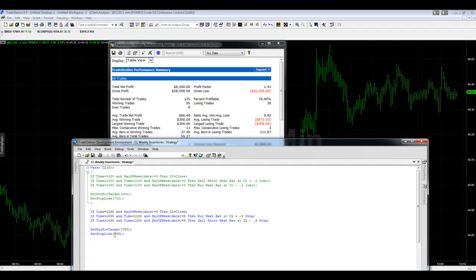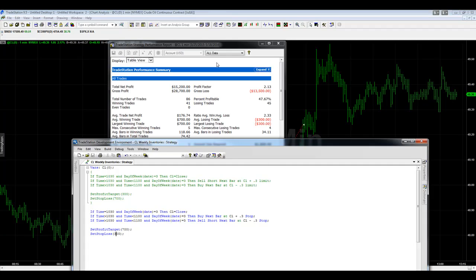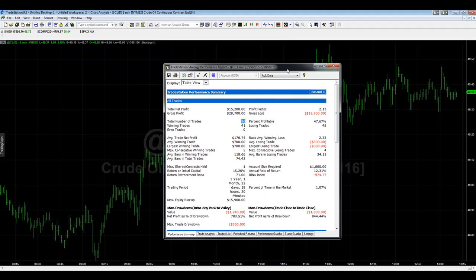$700 stop loss, or $700 profit target, $300 stop loss, almost 2-to-1 win to loss, 76% profitable on the other one because the profit target was tighter than the stop loss. Now you get 47% profit, but 176 average trade profit. It's only 86 trades, and so you see that.